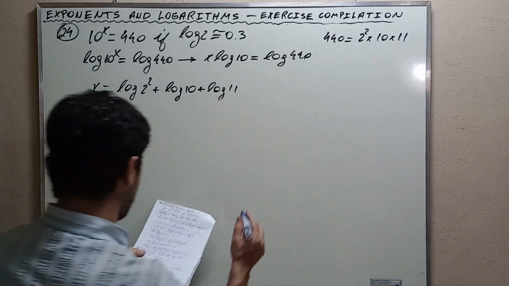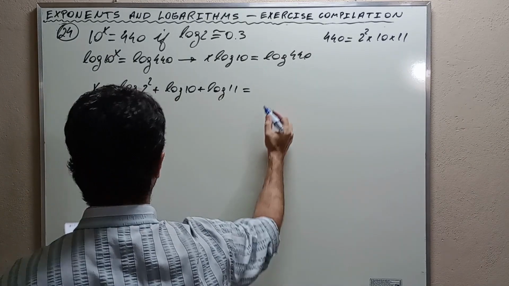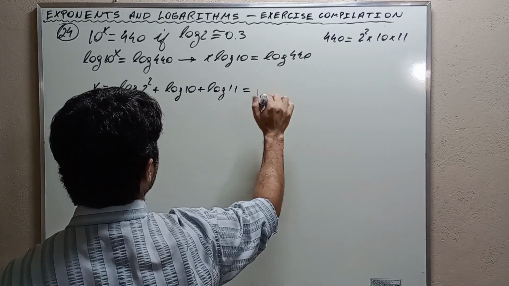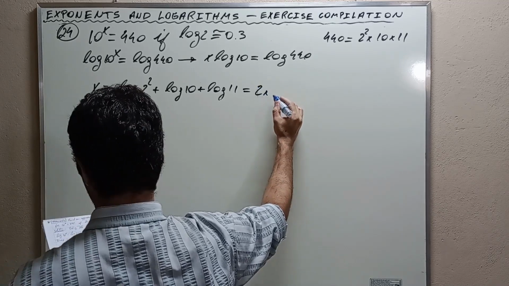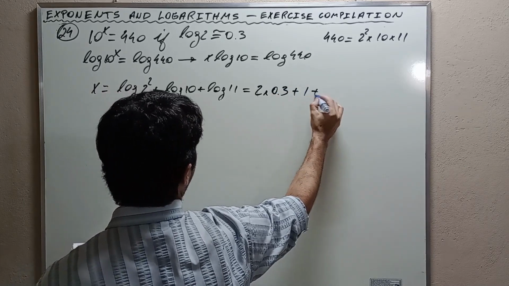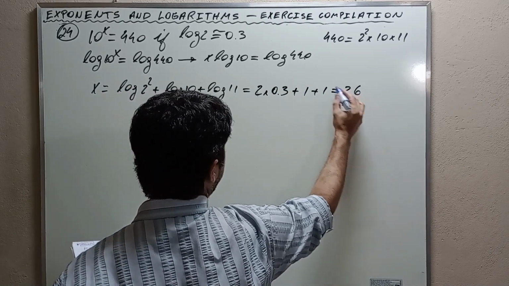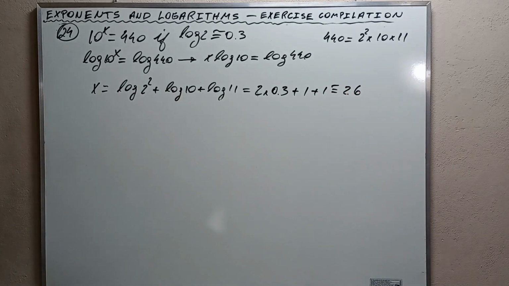And then we find that x is equal to 2 times 0.3 plus 1, and this is equal to 2.6 approximately.